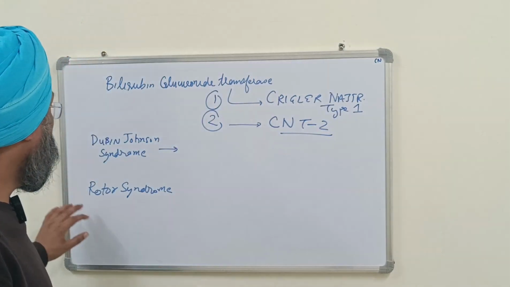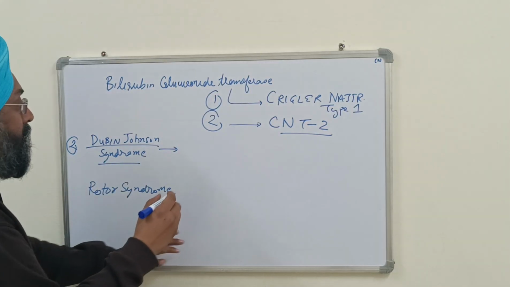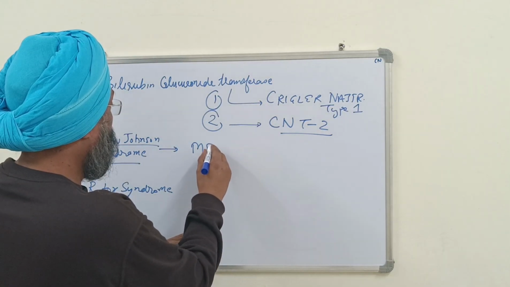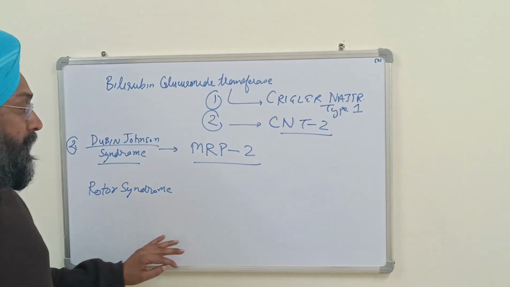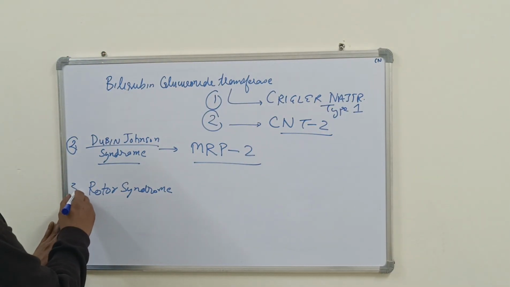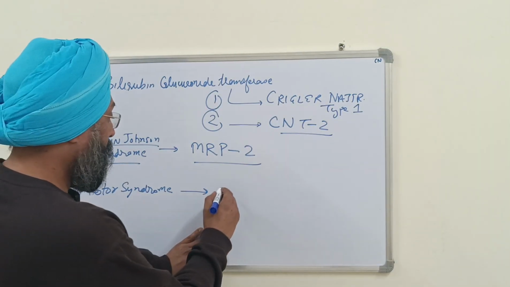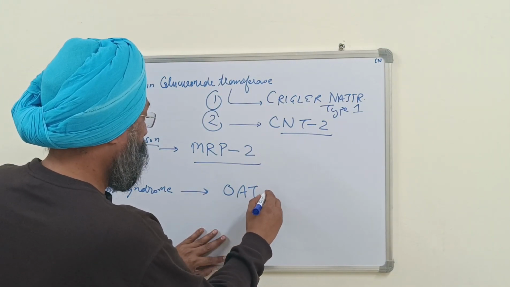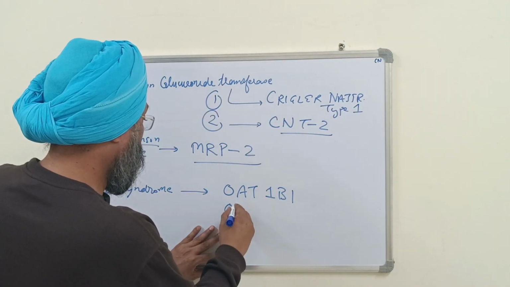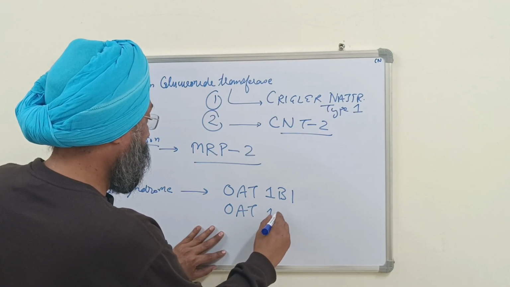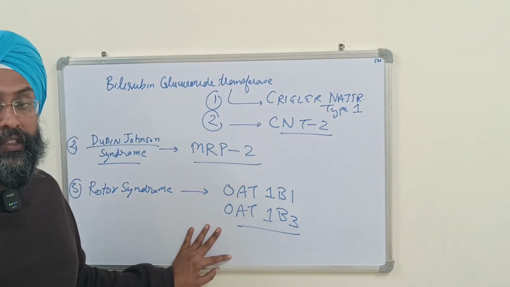The second disorder is Dubin-Johnson syndrome, in which there is absence or mutation of multidrug resistance protein 2. The third disorder, Rotor syndrome, is due to defect or mutation in organic anion transporter 1B1 and organic anion transporter 1B3. So that finishes the disorders.